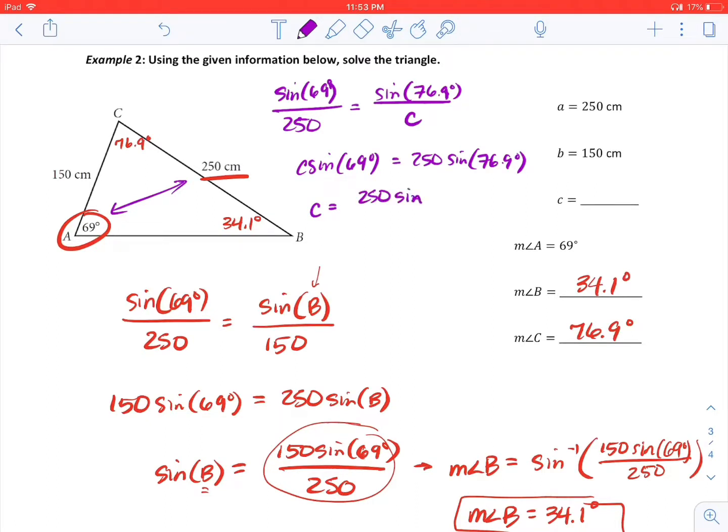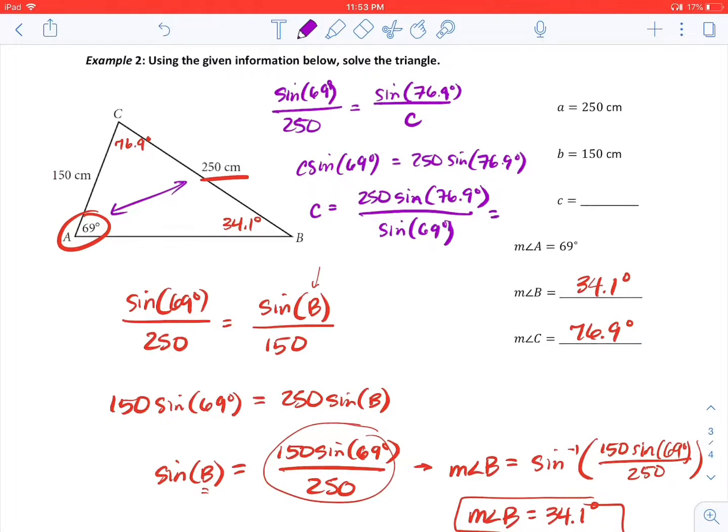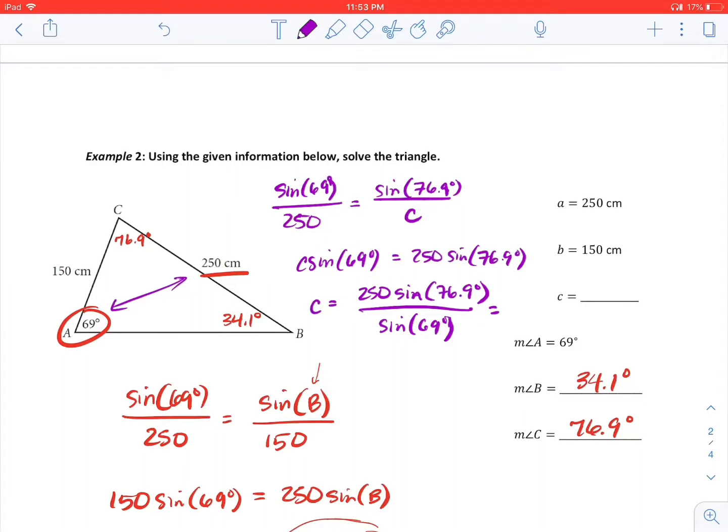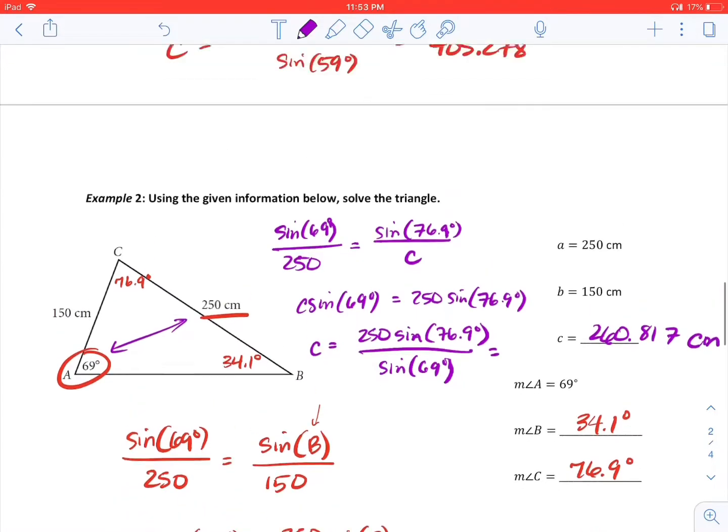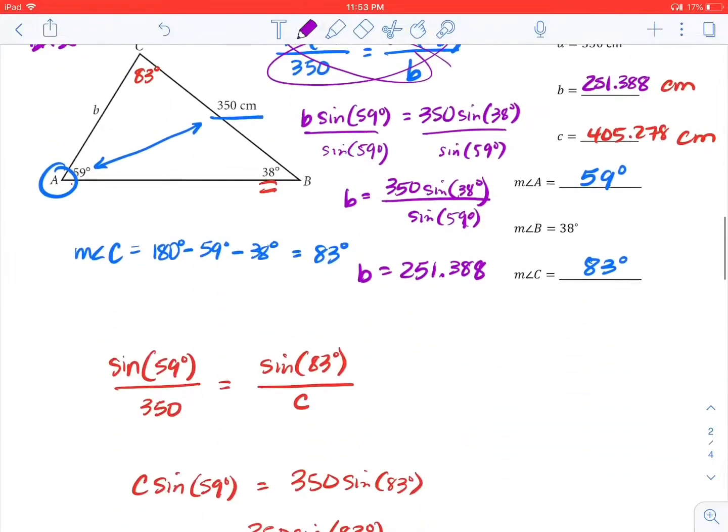And then lastly, divide both sides by the sine of 69. C is 250 sine of 76.9 degrees divided by sine of 69 degrees. And if I enter that into my calculator, 250 times sine of 76.9 divided by the sine of 69, I get 260.817 centimeters.